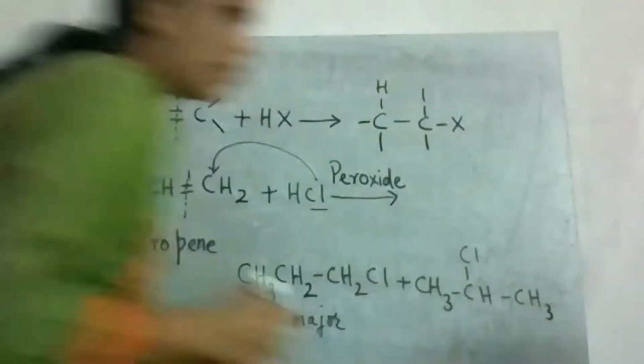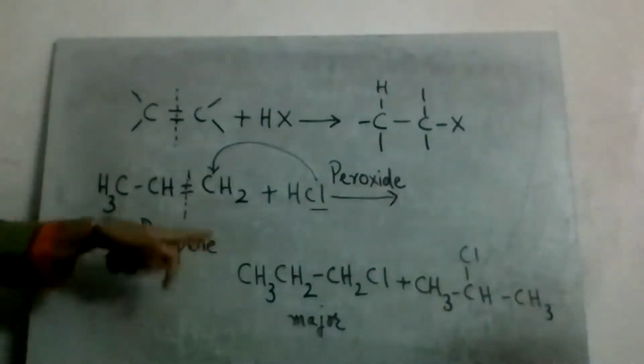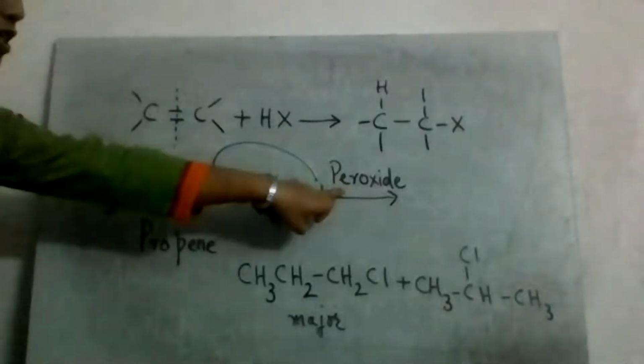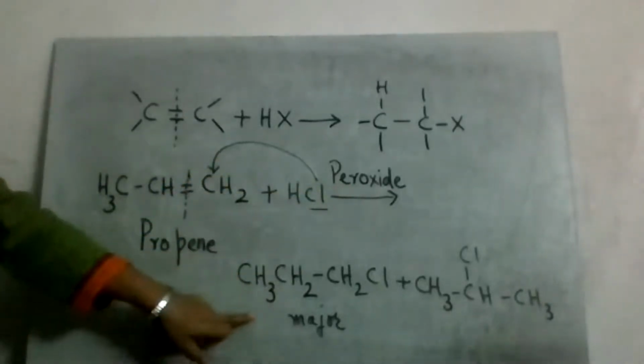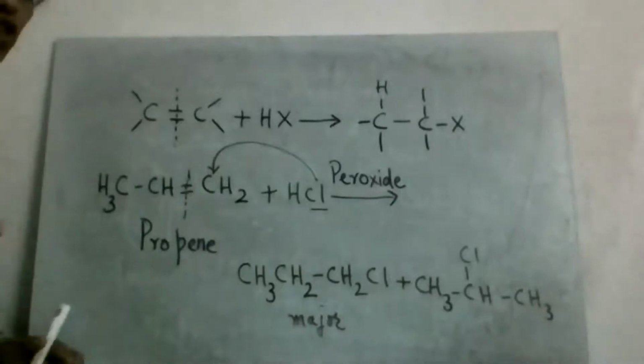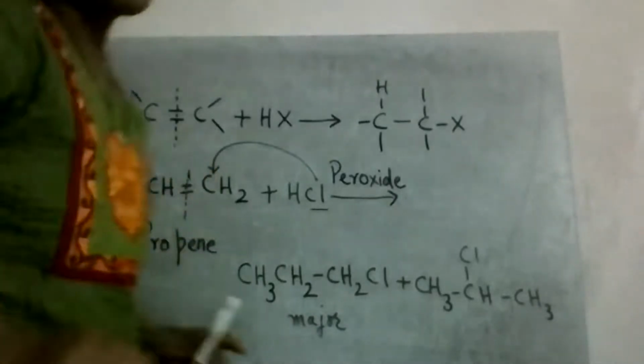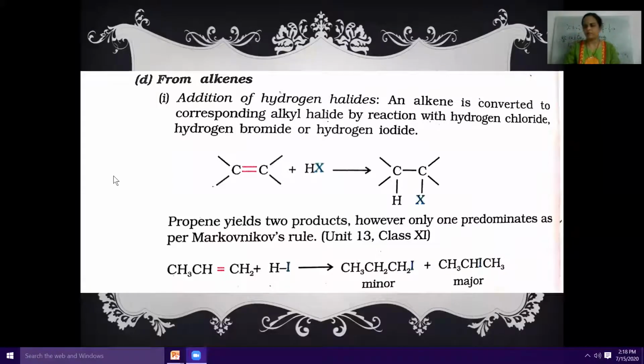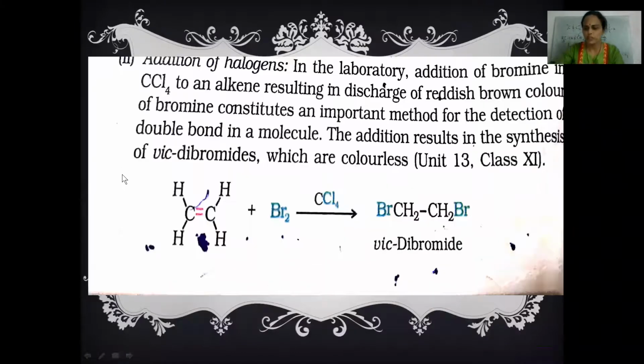So if peroxide is there, then anti-Markovnikov's rule applies, and in absence of peroxide, it is Markovnikov's rule which takes place. Hope you have understood.